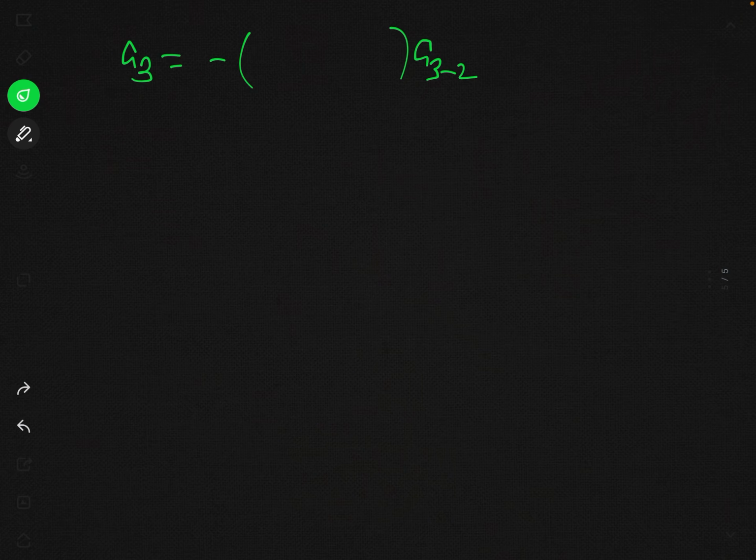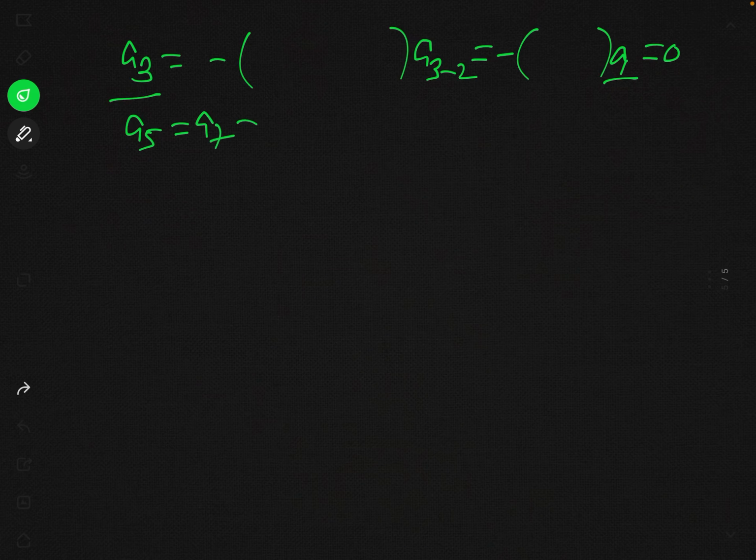You can see here this is k minus 2. I have not written this expression because there is no need here. So this will be minus that thing and a1. And you have seen that this a1 is equal to 0. So the whole result will be 0. So you can see a3 is 0.